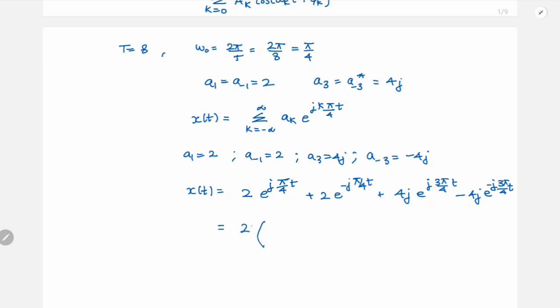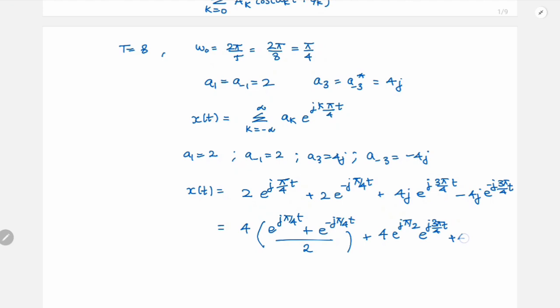So this is 4 into e power j pi by 4t plus e power minus j pi by 4t by 2, and plus j we can write it as e power j pi by 2, right? And this is e power j 3 pi by 4t minus 4.